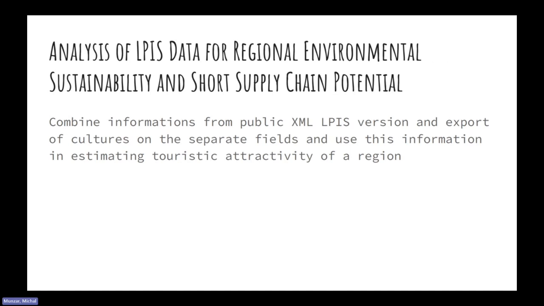So basically, LPS is a system of field blocks in the Czech Republic used for farming. Before, it used to be that information was stored just about field blocks, meaning that there could be several fields with different cultures grown belonging to the same farmer.